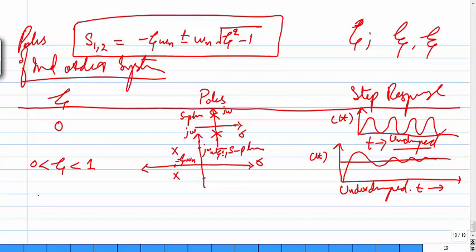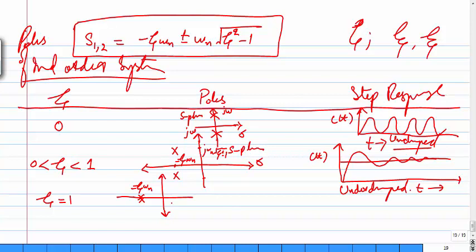Now the next one is zeta equal to 1. This is known as critically damped. This is only possible if you have both roots on the real axis, and these are the pole locations.